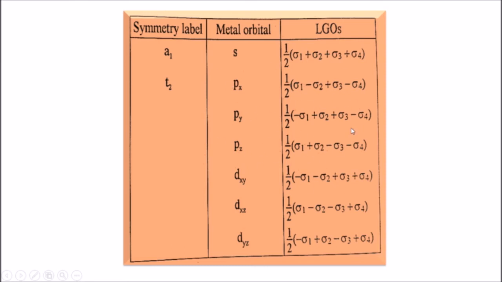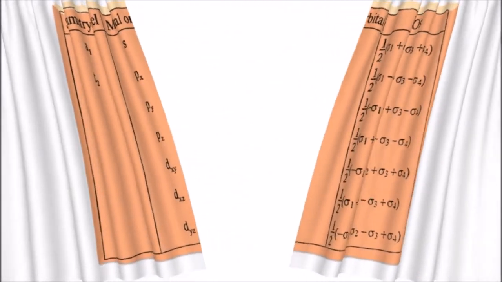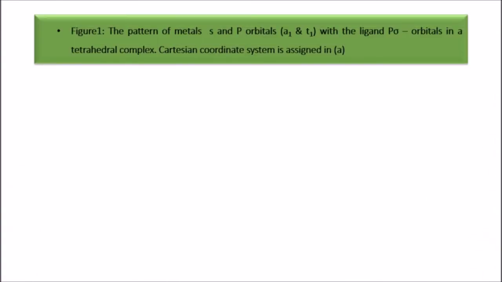If you know this, then you know how to represent the pictorial diagram of the interaction between the LGO and the T2 atomic orbital of the central metal ion. So please keep these things in mind before drawing the pictorial representation of the interaction between the LGO and the central metal ion in tetrahedral geometry.